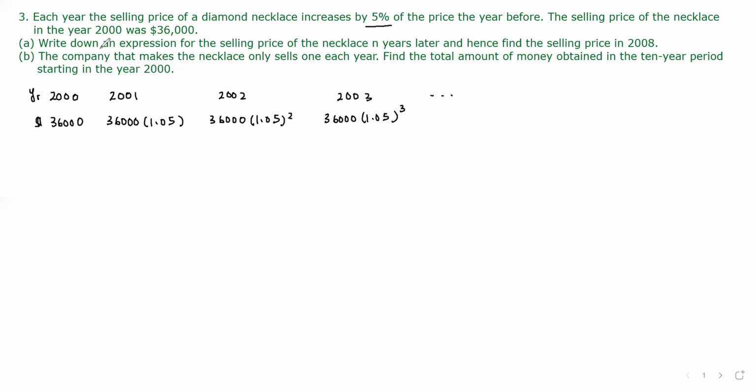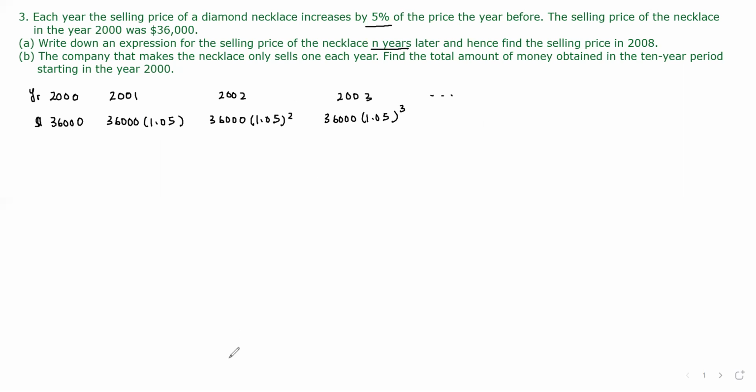Part A, you are to write down an expression for the selling price of the necklace n years later. So 1 year later, the price is 36,000 times 1.05. 2 years later, you have 36,000 times 1.05 to the 2. And 3 years later, you have 36,000 times 1.05 to the 3.